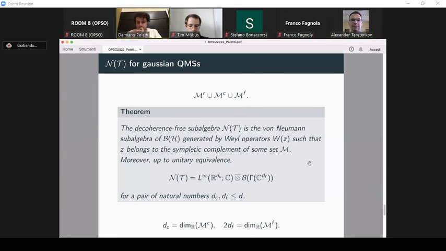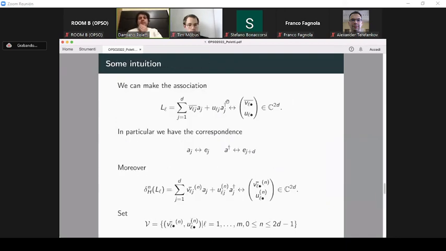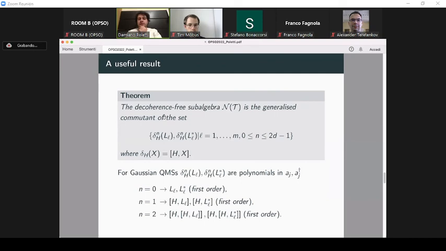Well, the way one can see this is probably through the decomposition I showed you earlier. Let me try and explain it in a more natural way. You start by looking at the Decoherence-free subalgebra as the commutant of this set, which is the set of linear combinations of annihilation and creation operators.